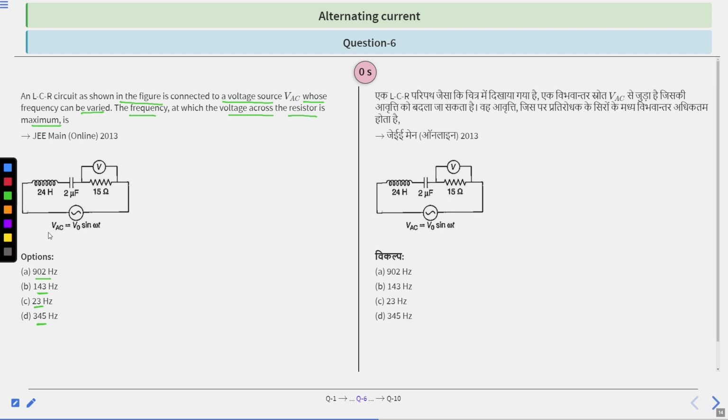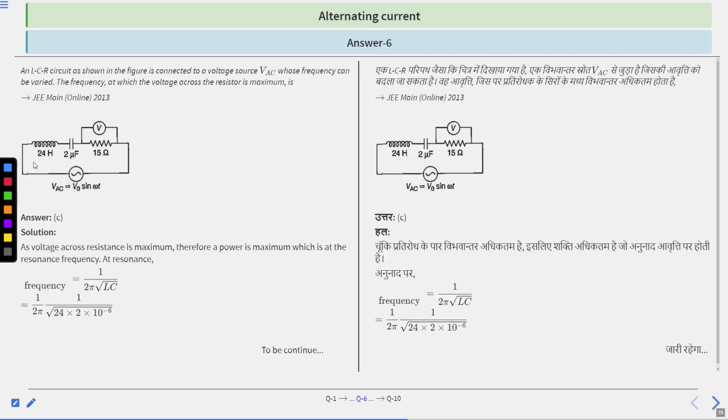Let's find the solution. So this is the circuit: inductor 24 Henry, capacitor 2 microfarad, and resistance 15 ohm, and the voltage is V0 sin omega t. Clear? As the voltage across the resistance is maximum, therefore the power is maximum, which is at the resonance frequency.